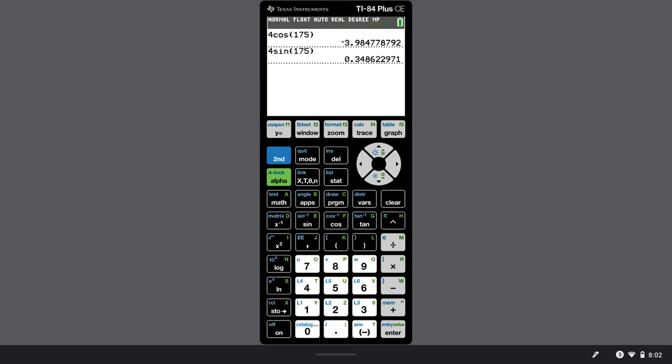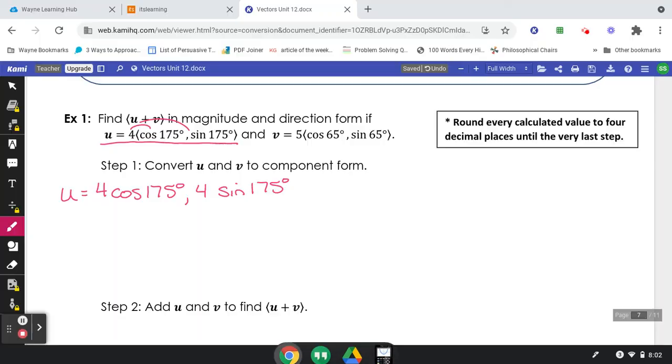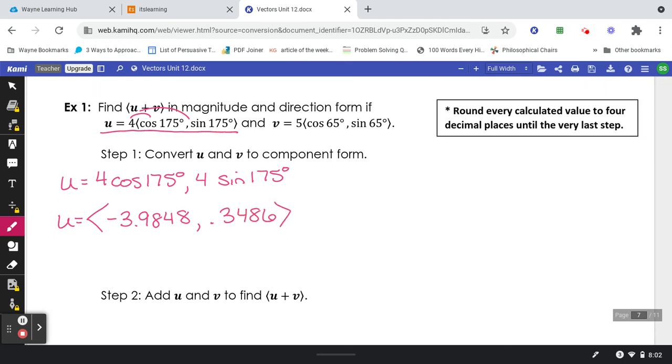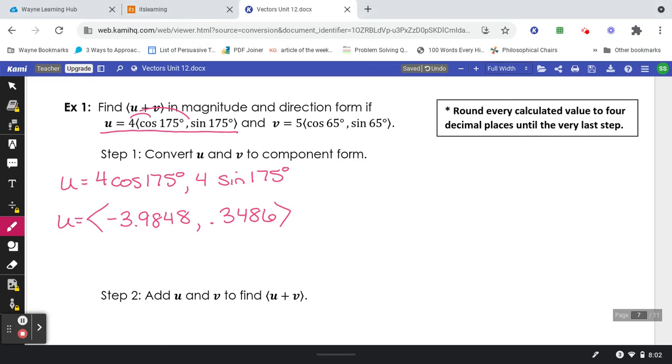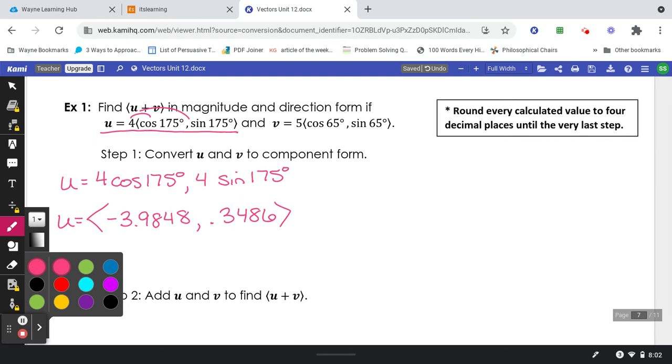So as you round these correctly, let's bring it over to the paper, you end up getting negative 3.9848 and 0.3486. Again, being very careful with that rounding here. Okay, let's do the same thing for the v.